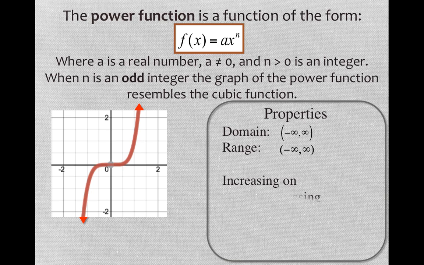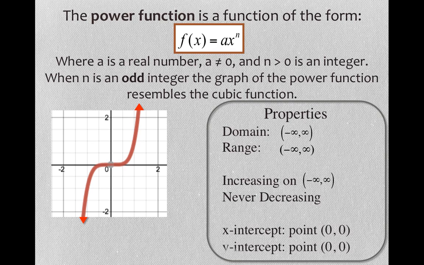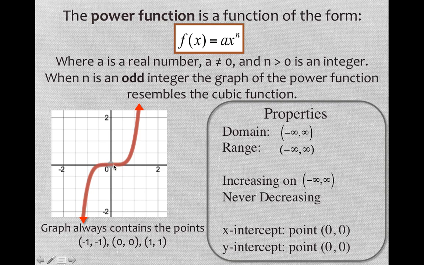It is increasing on the whole domain, and it will never be decreasing. The x-intercept and the y-intercept are still 0. The graph will always contain the points (-1, -1), that's here, (0, 0), and (1, 1).